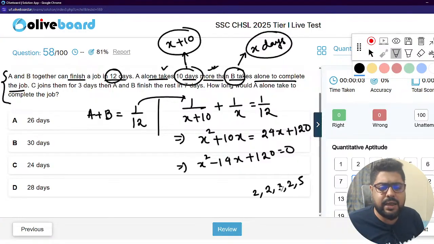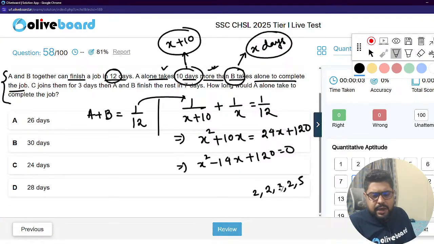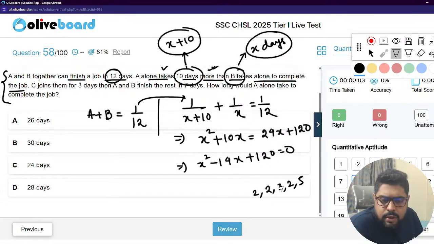Are we doing something wrong? 5 twos are 10, 3s are 30, 4s are 120.